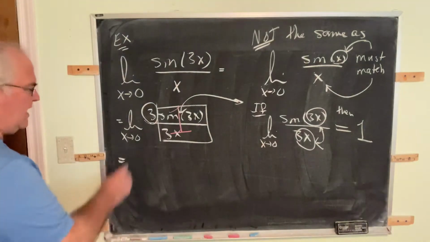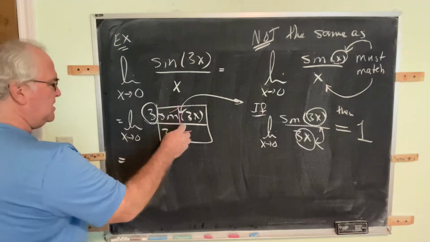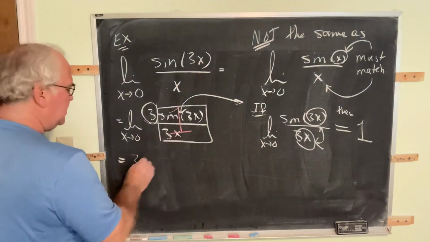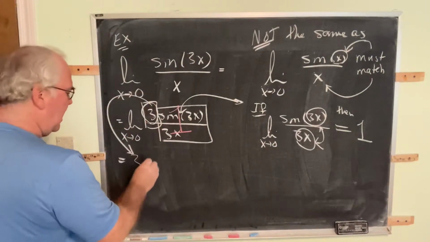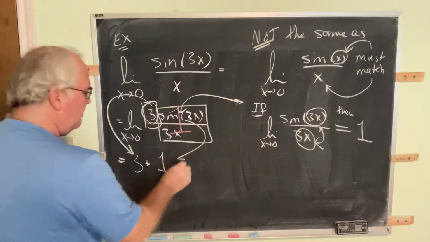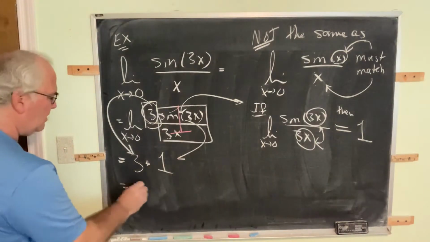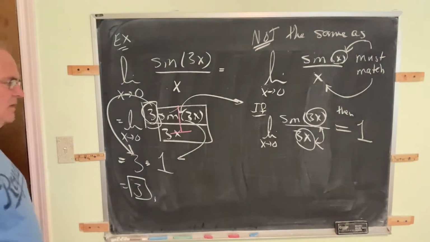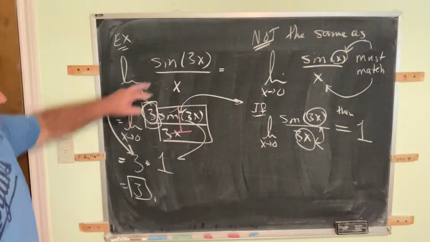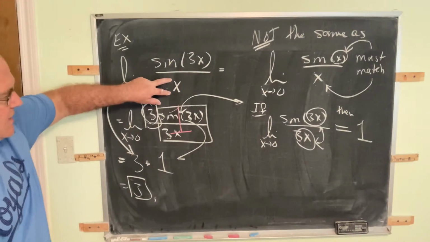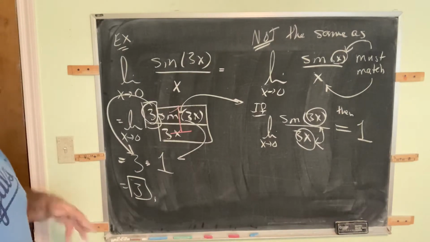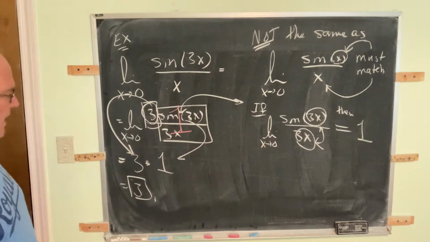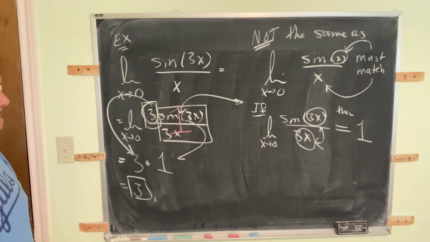So what we can say now is when we evaluate the limit of this piece, this is 3 times that 1. All right? So the technique is make sure the denominator is the same as the argument for this numerator. Multiply by whatever you need to create it, and you should be good to go. All right?